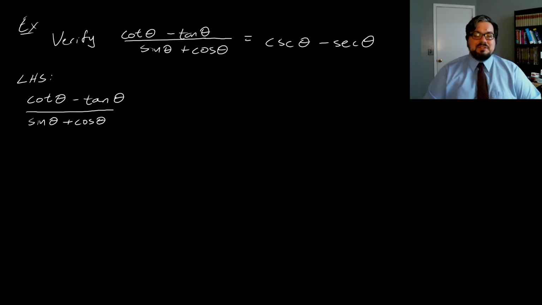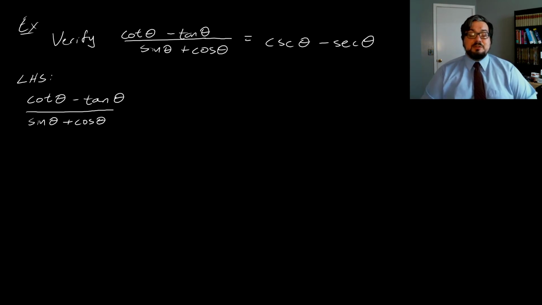Once again, we have a situation where we have more than two different functions involved here. We have cotangent, tangent, sine, and cosine. We want to turn this into an expression involving either just sine and cosine, or just tangent and secant, or just cotangent and cosecant. Of those three options, changing everything to be in terms of sine and cosine looks simpler here, as it normally does.